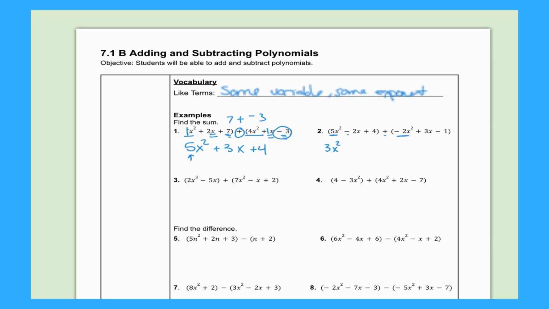And then I've got negative 2 plus positive 3. That's going to be a positive 1x. Or you can just write plus x. You don't have to write the 1. And then I have a positive 4 plus a negative 1. And that's going to be a positive 3.